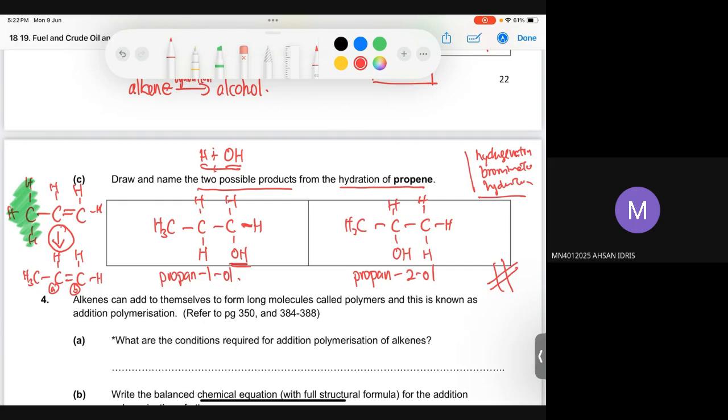So get a sense of these reactions. I just want you to focus on where the reaction occurs. For alkenes, the reaction occurs at the C=C double bond. So addition occurs at the C=C double bond. So your focus every single time when you see an alkene and you want to do an addition reaction, focus on the C=C double bond.